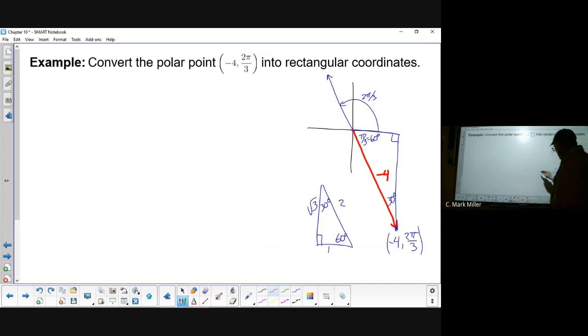And then, of course, if you have a 45, 45, 90, that's the ratio. So one crude way of doing this, and we're going to do it the right way here in a second, is that if I multiply all these by 2, I make that a 4, and that's a 2 square root of 3, and that's a 2.